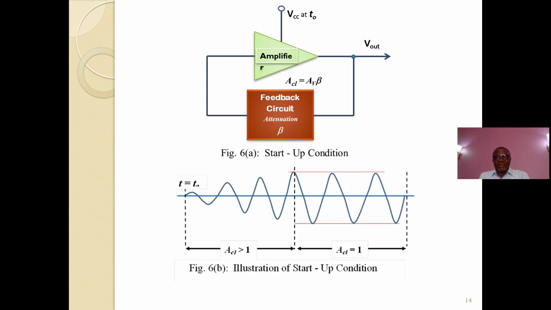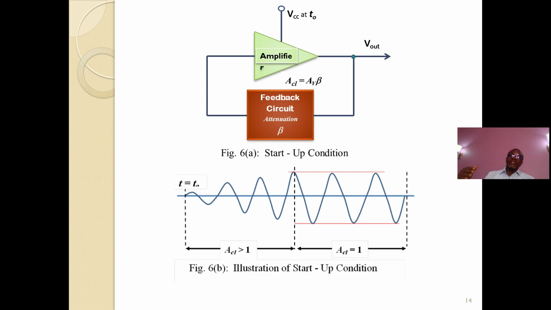So if you look at that plot 6b, you see the range where the closed loop gain is greater than 1. The signal continues to build up. When it is greater than unity, it continues to build up until it gets to the desired level, both amplitude and frequency, that is required.